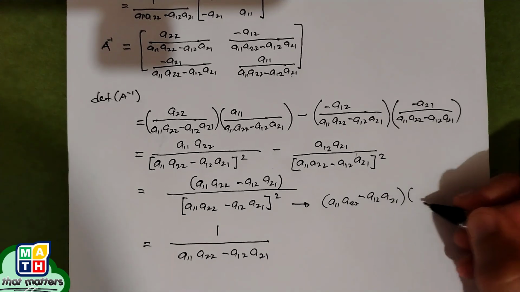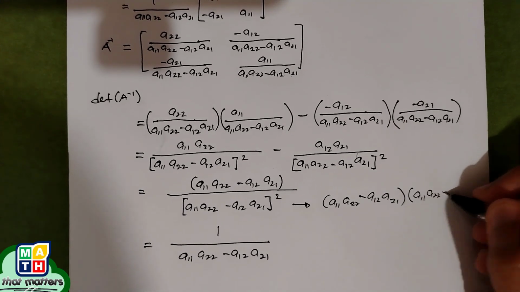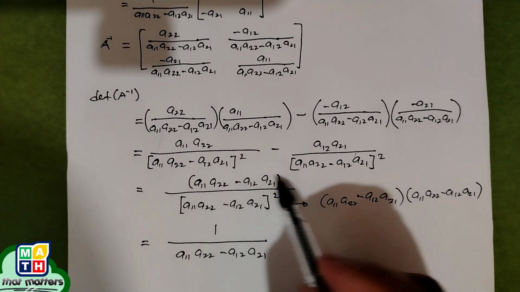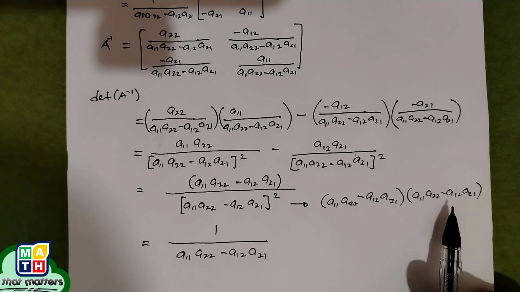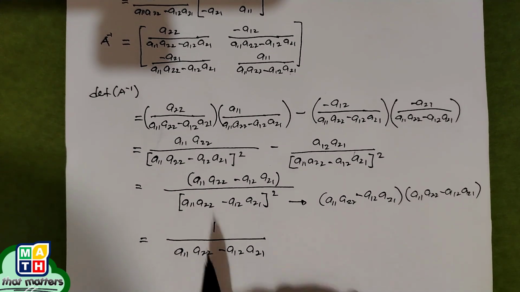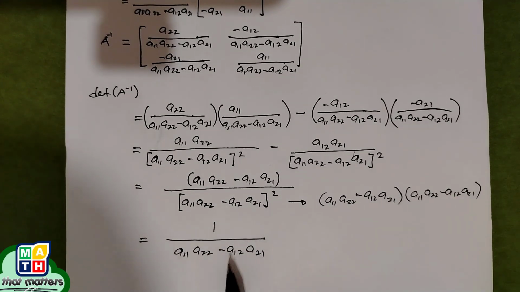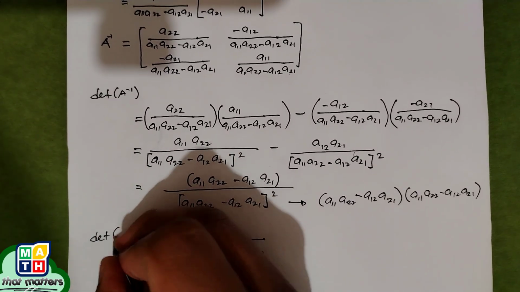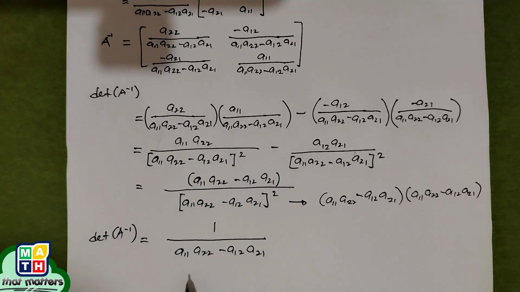Once you cancel this and that, what remains is 1 on the numerator, and the denominator becomes A11 A22 minus A12 A21. This is the determinant of your A inverse.